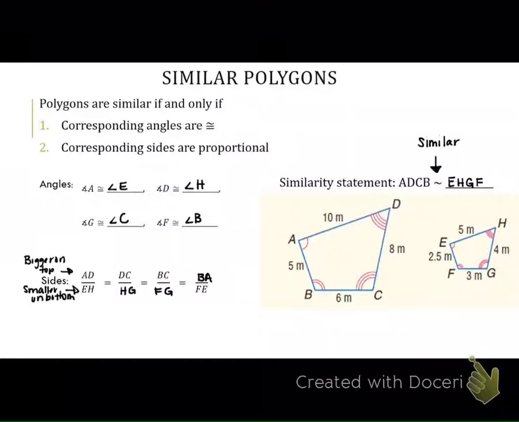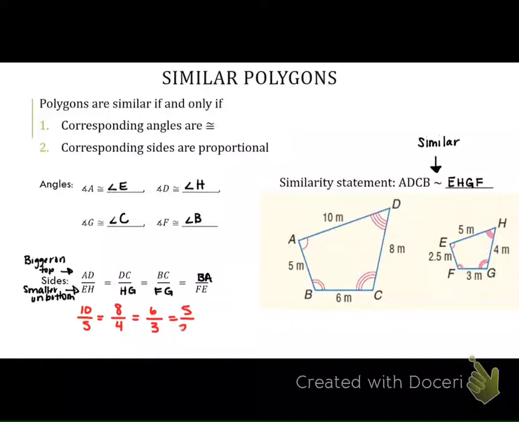Don't start flipping it around, okay? But if we look at these numbers now, we can see that they're in proportion to each other. So AD over EH, DC over HG, BC over FG, and then BA over EF. What do those all simplify to?